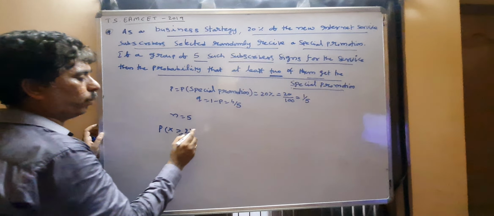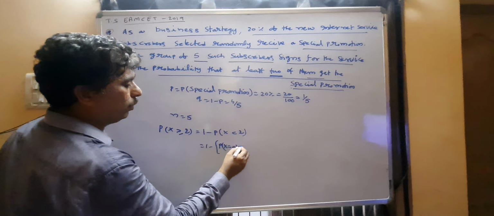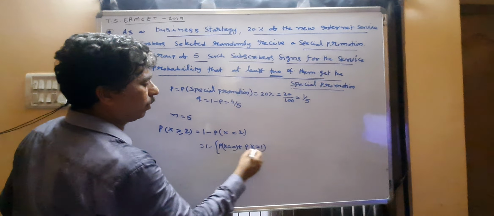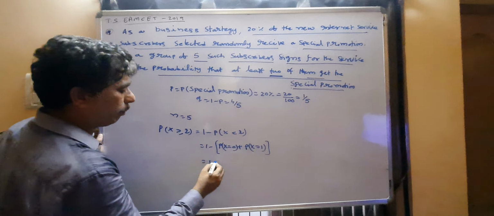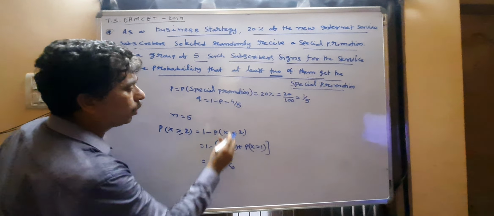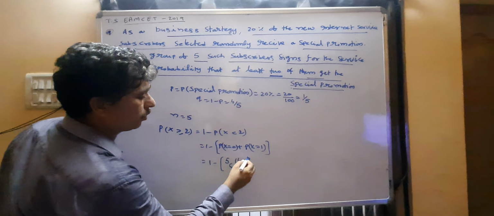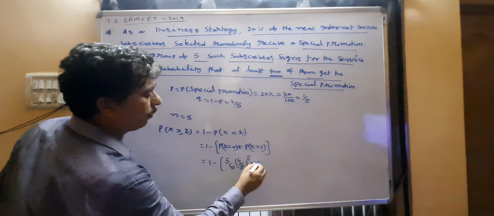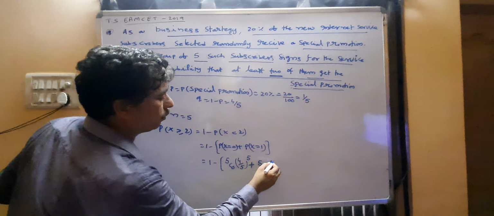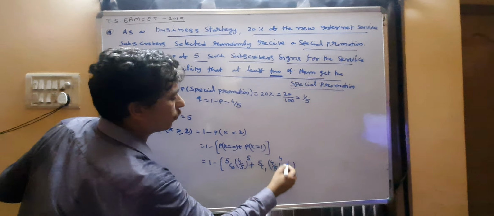P of X greater than or equal to 2 means 1 minus probability of X less than 2. That means 1 minus [probability of X equal to 0 plus probability of X equal to 1]. So probability of X equal to 0 means 5C0 q power 5 minus 0, plus 5C1 (4 by 5) power 5 minus 1 which is 4, (1 by 5) power 1.